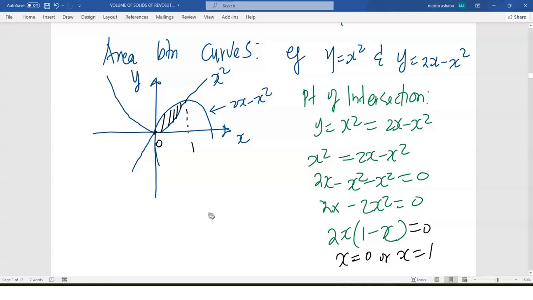So now we are saying we get the area for this curve. This is what we are talking about. You have the area there for this curve here, between 0 and 1.